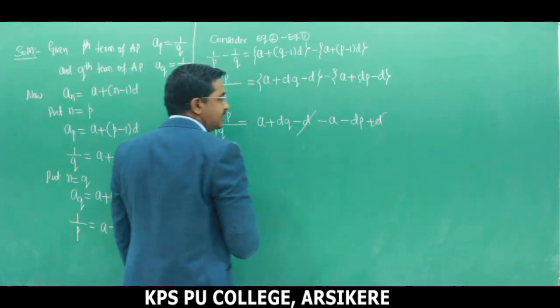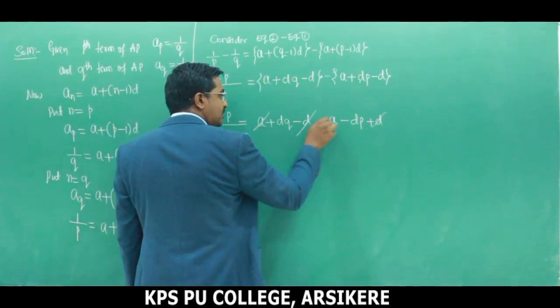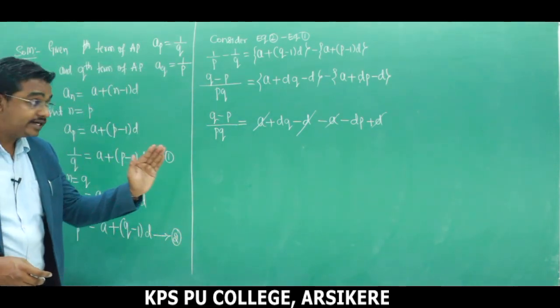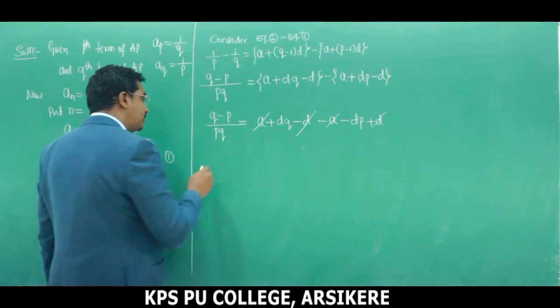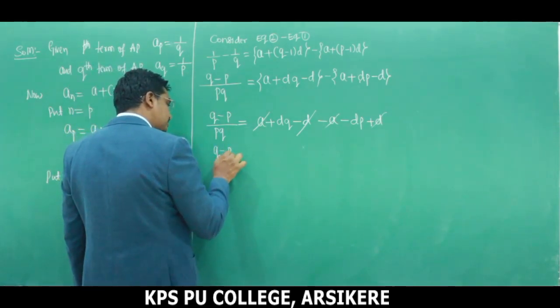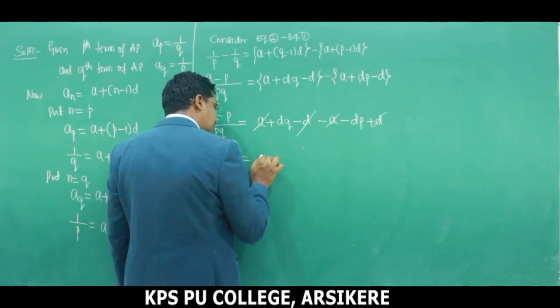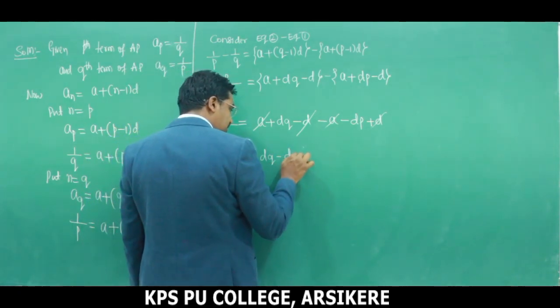Minus d plus d get cancelled, plus a and minus a get cancelled. So what are we left with? We are left with d into q minus d into p. So q minus p divided by PQ is equal to d into q minus d into p.